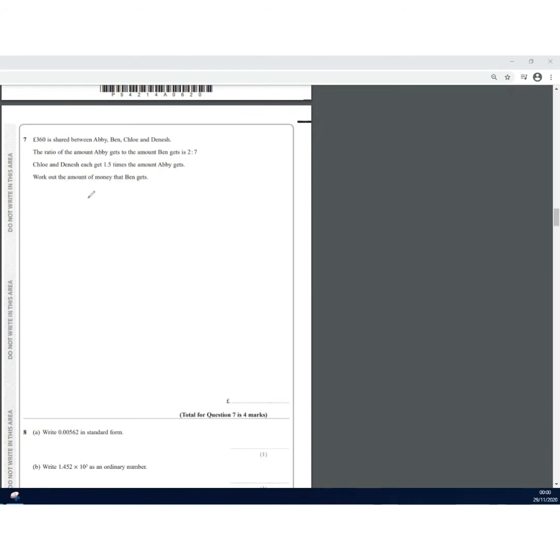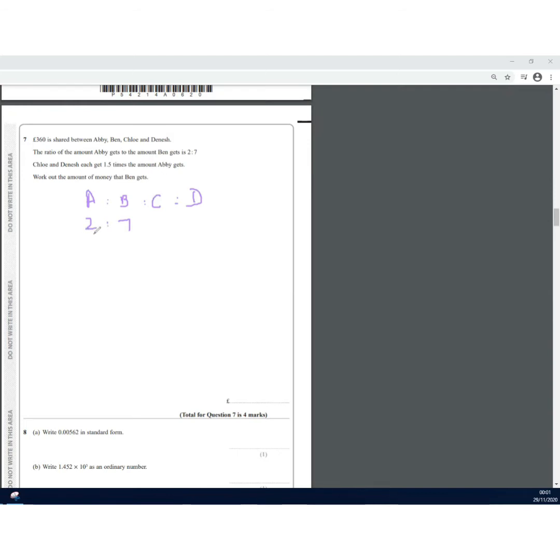So first thing, let's try to put up the ratios of them. So Abby, Ben, Chloe, and Dinesh. So as it's given, the Abby to Ben ratio is 2:7. And they've said further that Chloe and Dinesh get 1.5 times the amount Abby gets.